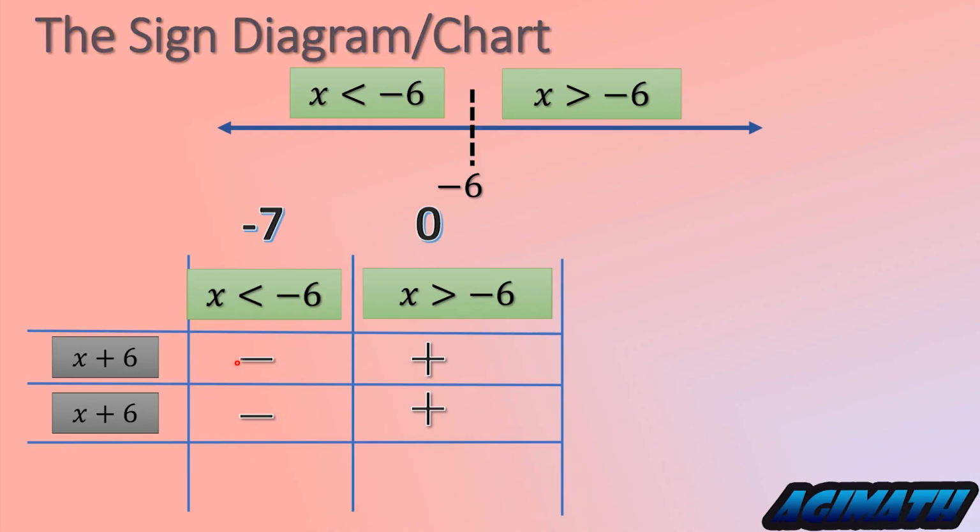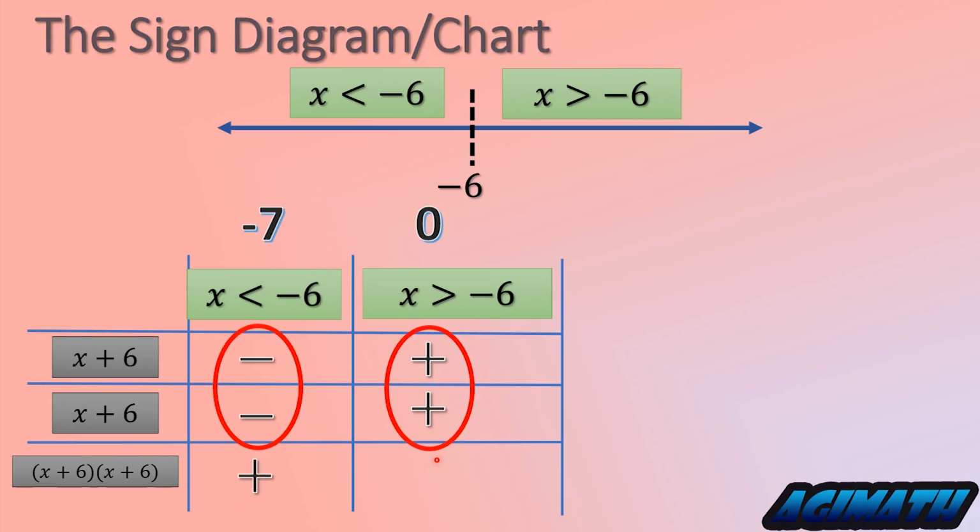So we have negative and positive. So that's copying. Next, we consider the product of the two factors, x plus 6 times x plus 6. Again, what we are going to do is multiply the signs. Negative times negative, same sign, so that is positive. Positive times positive, same sign, so that is positive.